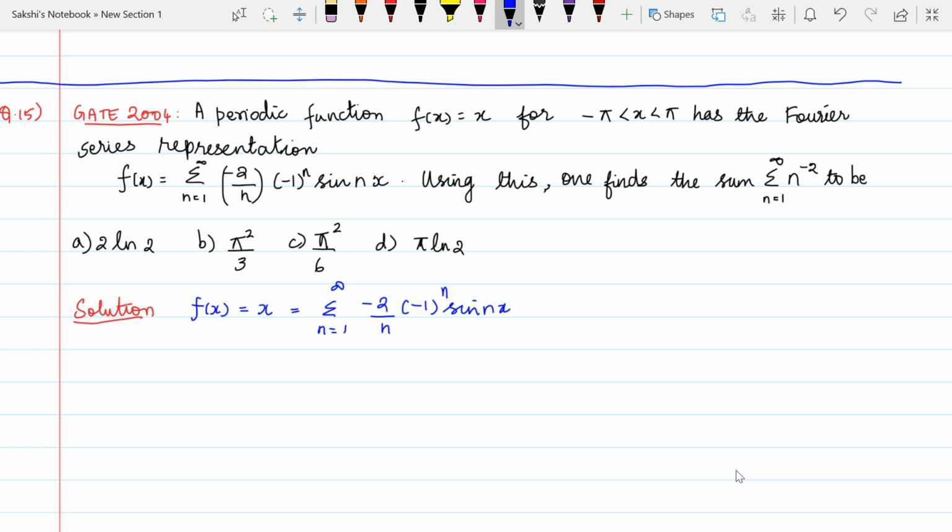Now you can say that a naught will be equal to 0 and a n will be equal to 0. If you remember, we have the a naught term as 1 by pi, integral f of x dx, right? And a n is in terms of cos, right?